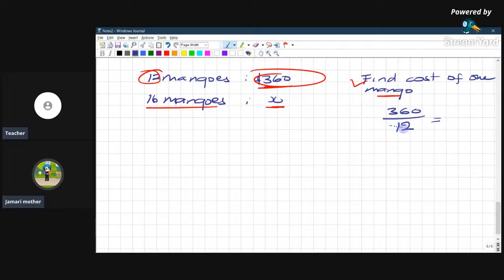12 into 12 is 1, and 12 into 36 is 3 times.